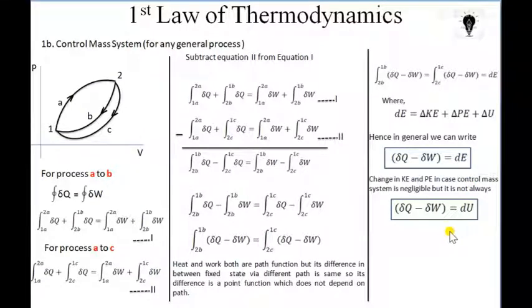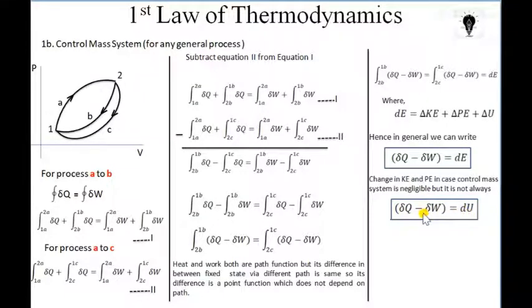There is another version of the first law of thermodynamics for control volume system. So till here we have completed the first law of thermodynamics for control mass system. Now let us summarize this lecture. As per the first law of thermodynamics, all the heat interaction during the process minus all the work interaction during the process is equal to dU.